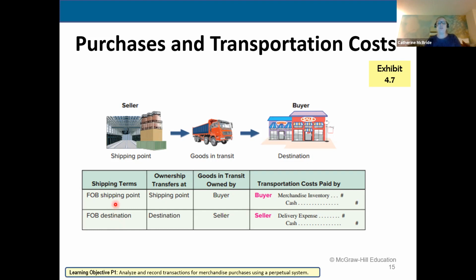So with FOB shipping point, when the inventory is shipped, ownership transfers to the buyer. With FOB destination, when the inventory reaches its destination, the ownership is transferred to the buyer. So the whole time it's en route, it's owned by the seller. Usually with FOB shipping point, the buyer pays, and with FOB destination, the seller pays.